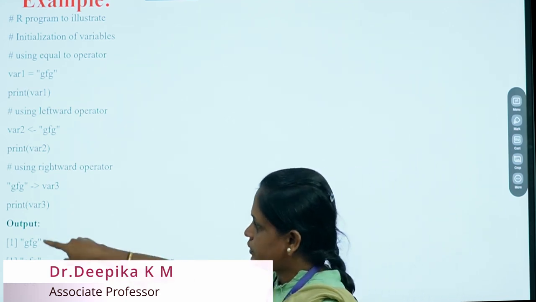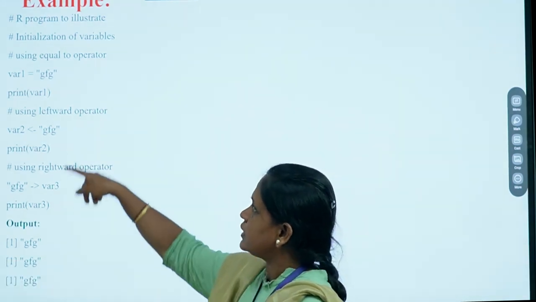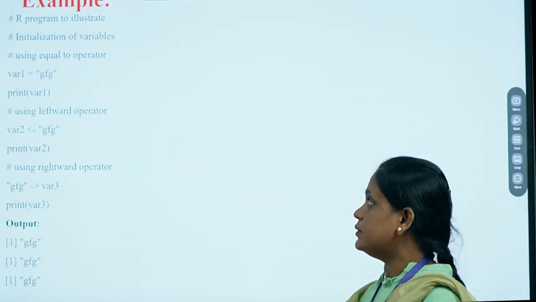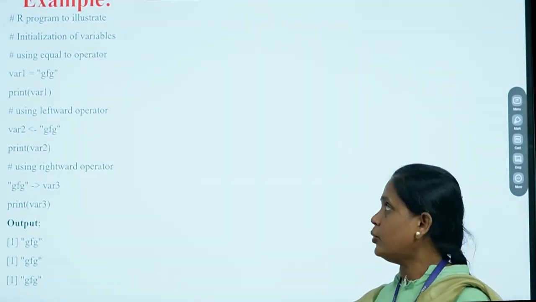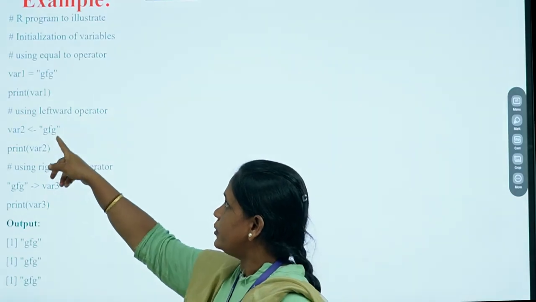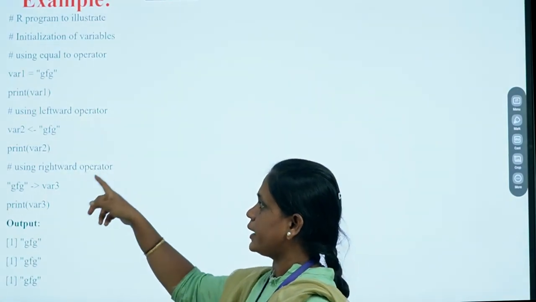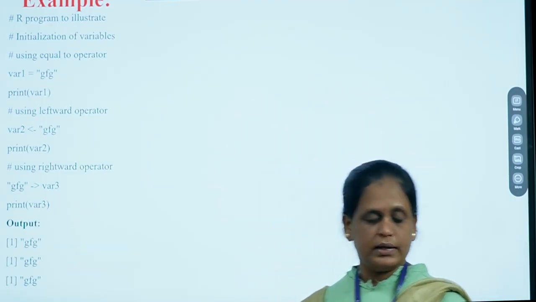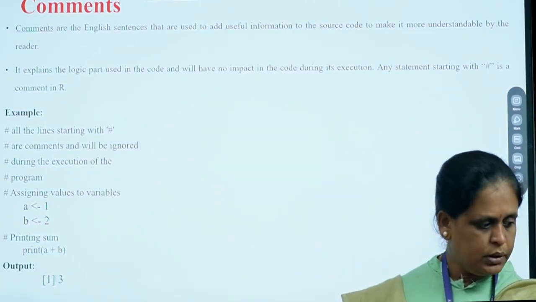At the same time, we display the values in all the 3 possible ways: the right arrow operator, the left arrow, and the equal to. So using the leftward operator and the rightward operator, it assigns the same value to that particular variable.